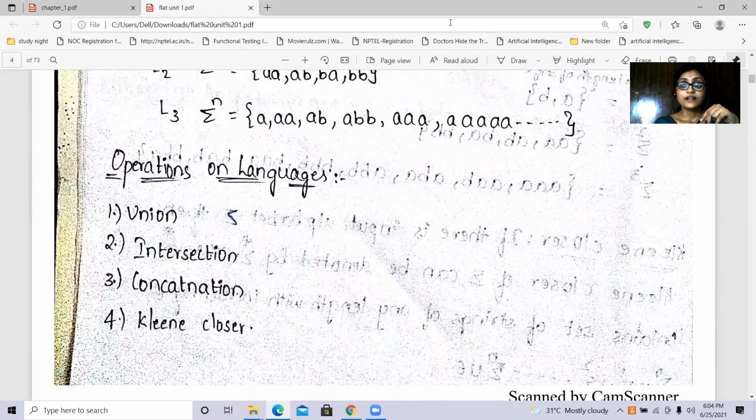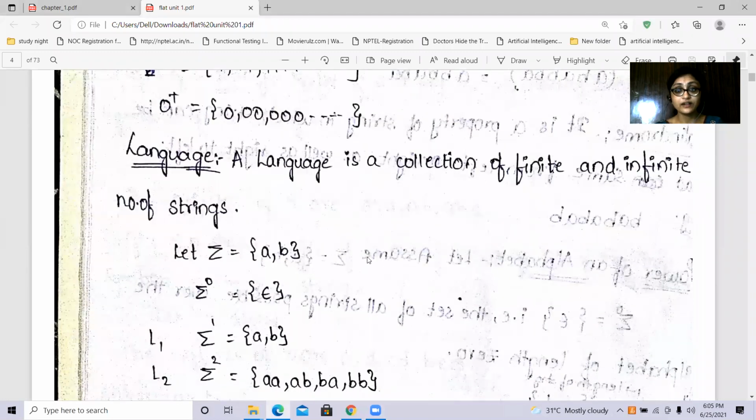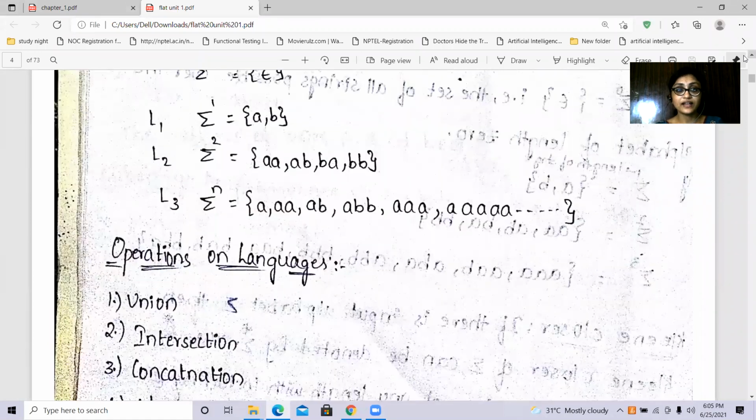And after this, we have to learn what the various operations on languages are. We can perform union, intersection, concatenation, as well as the Kleene closure on our languages. We can perform all these operations on a given language. Once again, understand what the language means. A language is the collection of finite and infinite number of strings. Here we can see an example.